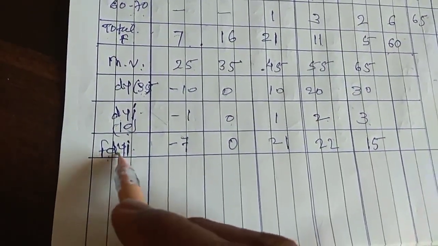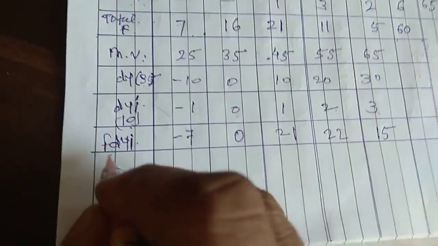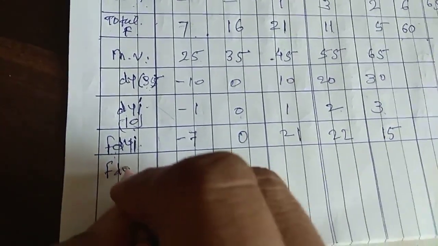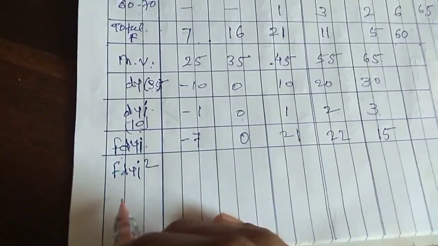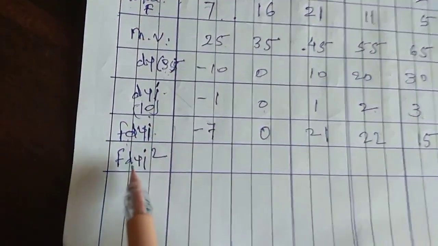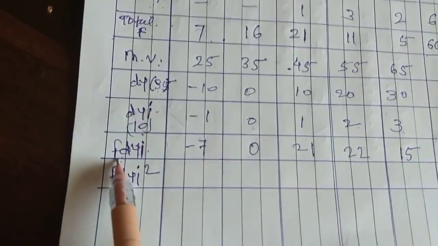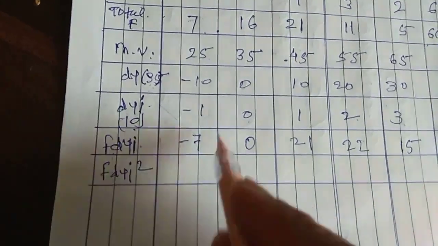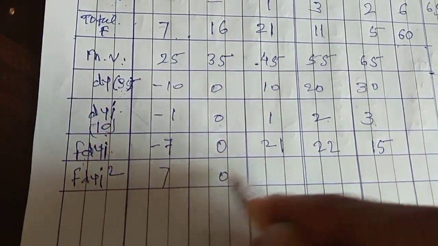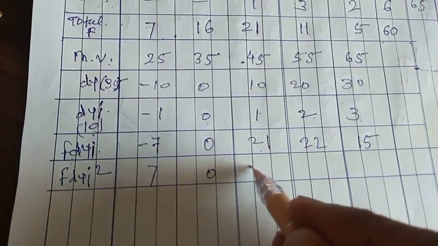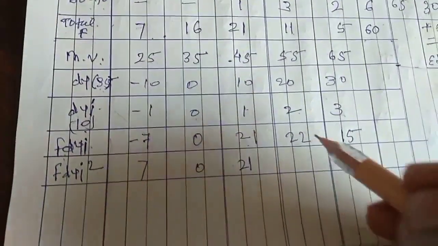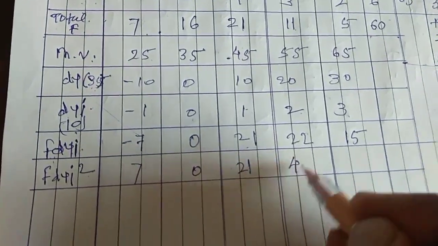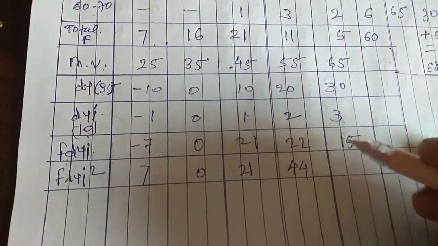Now after the f dyi series, we have to make here the f dyi square series. F dyi square means dyi into f dyi, means minus 1 into minus 7, plus 7, 0, 1 into 21, 21, 2 into 22, 44, here 3 into 15, 45.